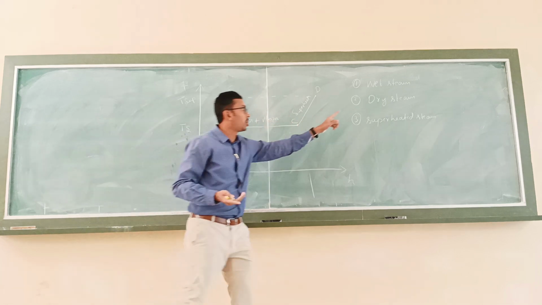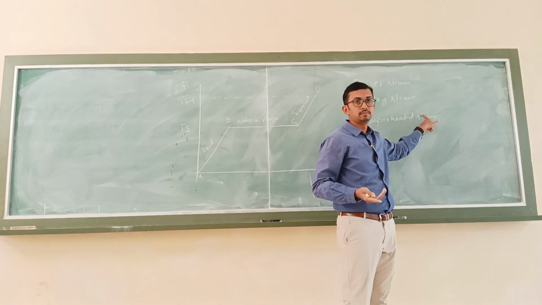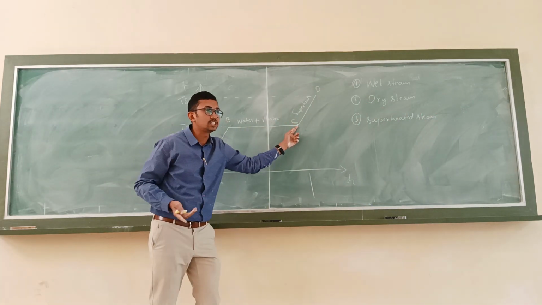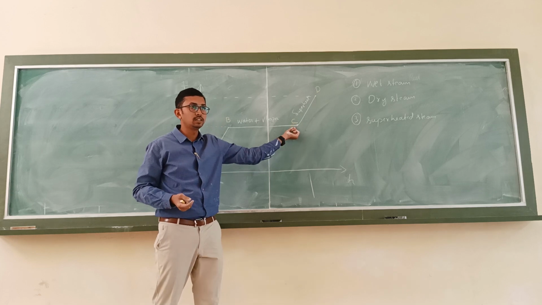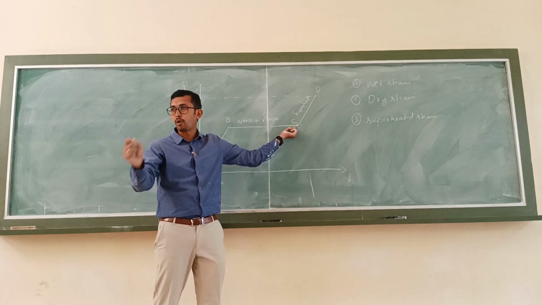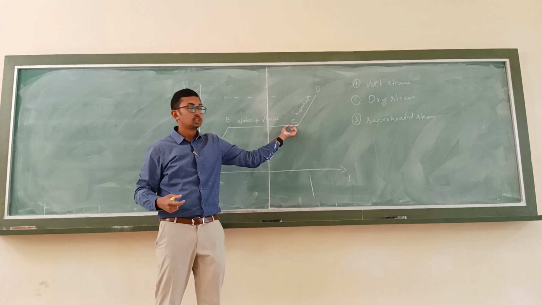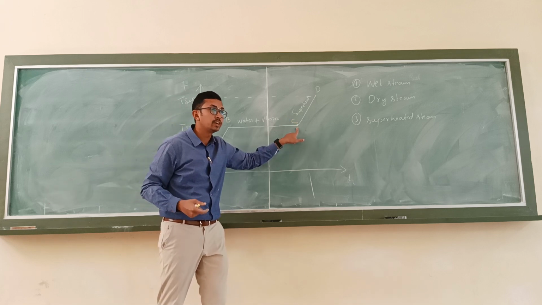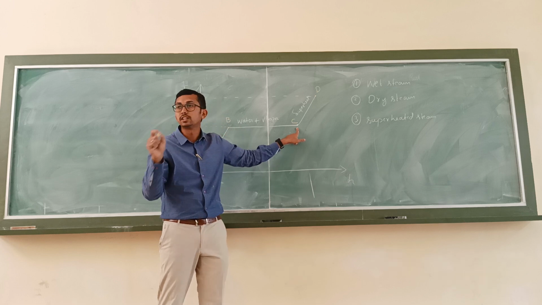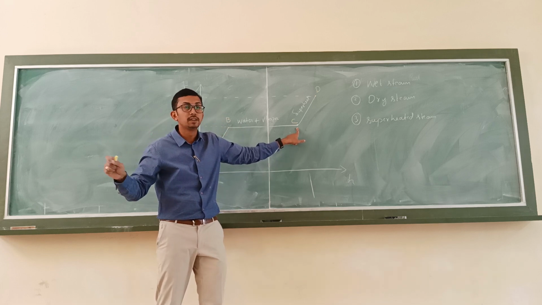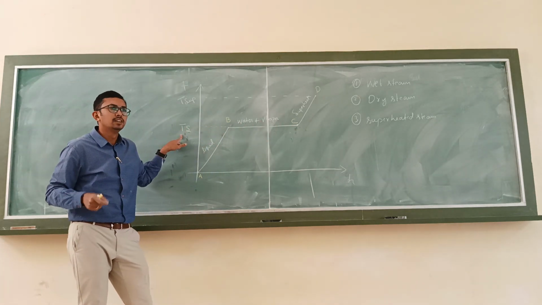Okay, next one: dry steam. Which point? Point C. If you explain point C, that will be the definition of dry steam: the steam with no water particles in it, at which temperature?